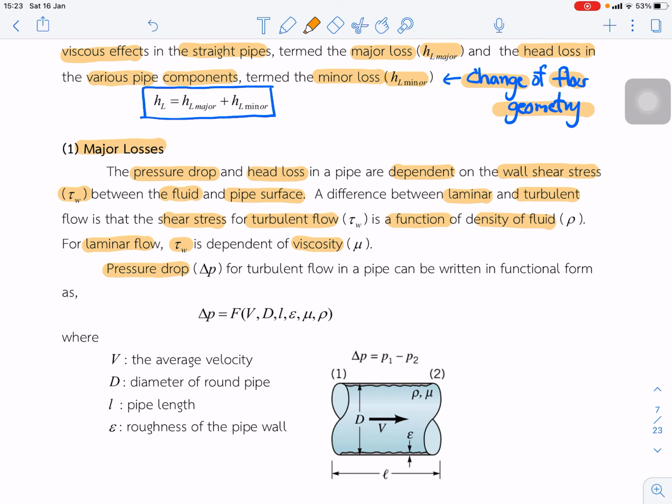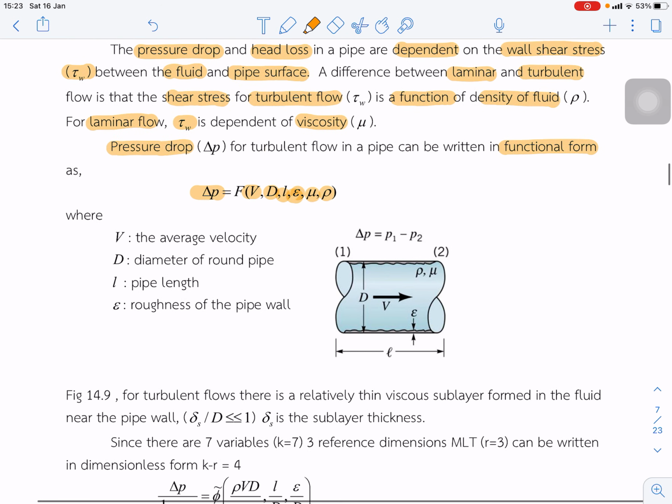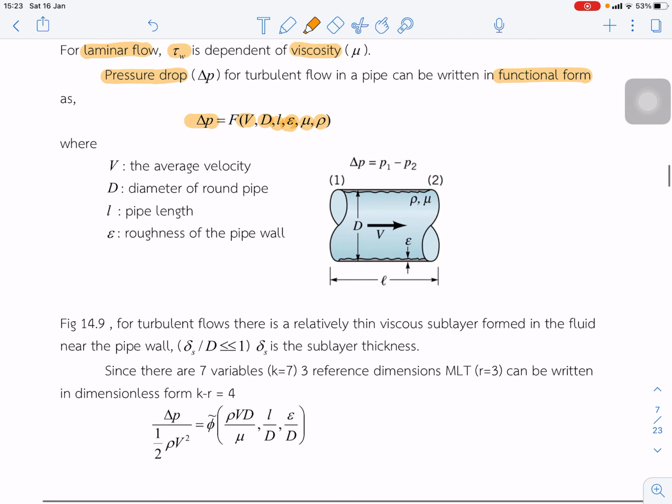The pressure drop for the turbulent flow in the pipe can be written in functional form. The pressure drop is a function of velocity, diameter, length, roughness, viscosity and density. So there we have many parameters.